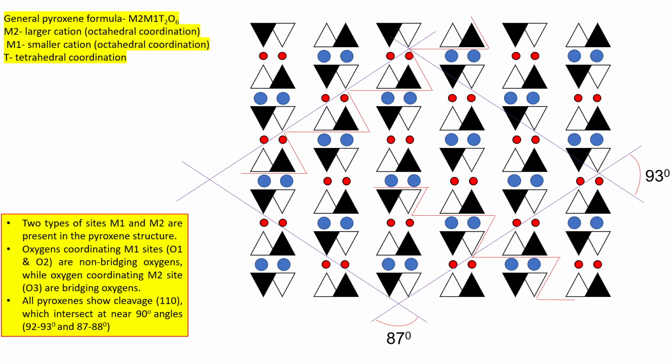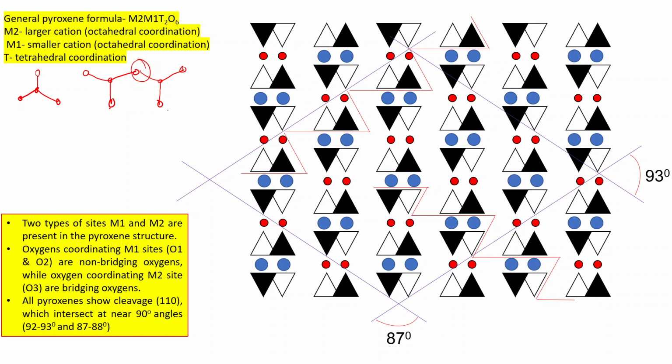Now let us come to the structure of the pyroxenes. As I had told you previously, this is a bridging oxygen, and these are the non-bridging oxygens.